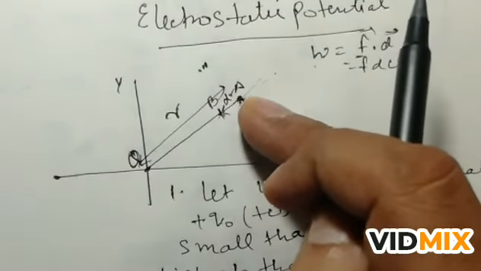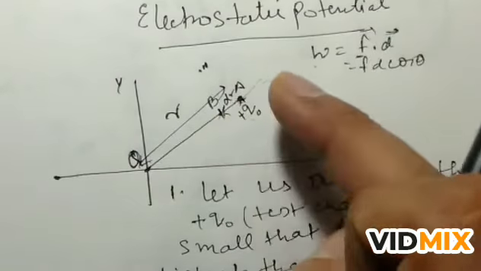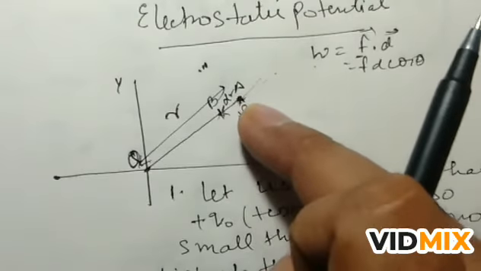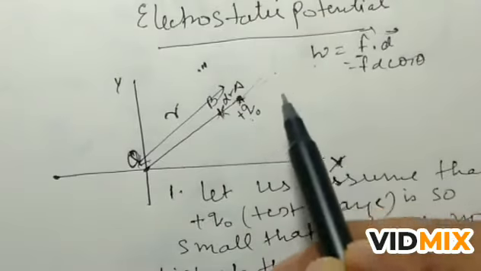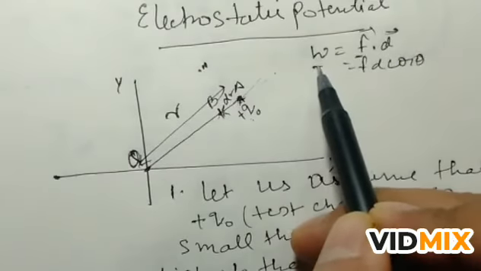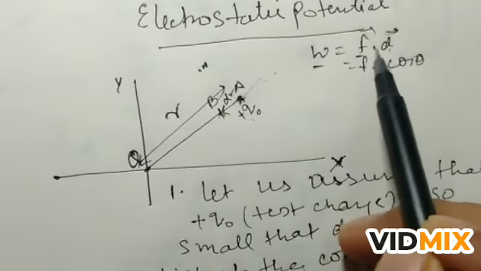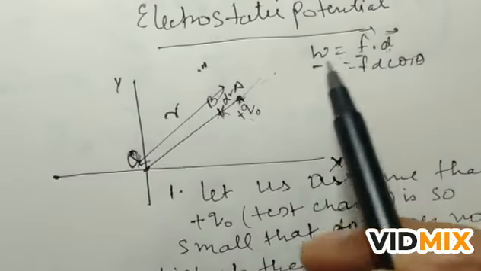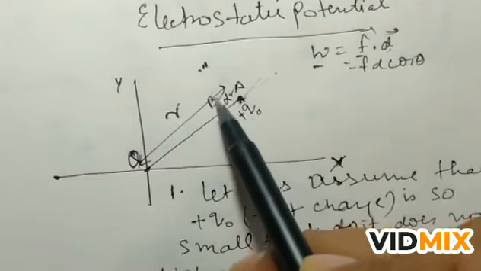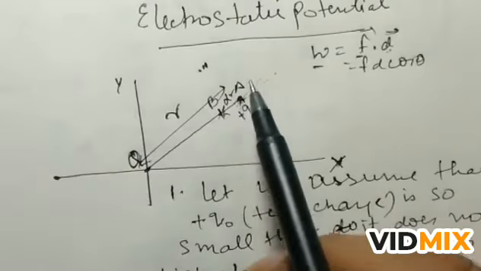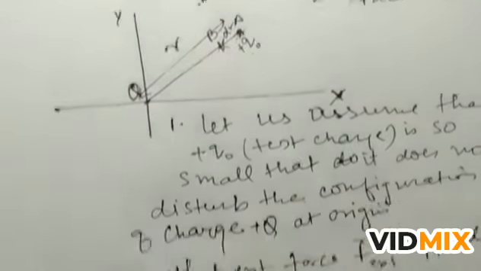Whatever the force, whatever the displacement, whatever the distance covered by the charge, work is done, and that work can be found with the help of force applied and the distance covered, that is displacement. That work is stored in this charge in the form of potential energy.